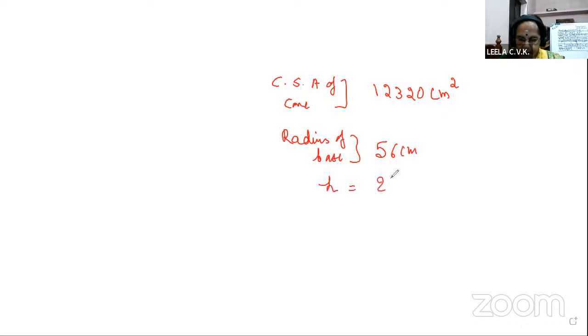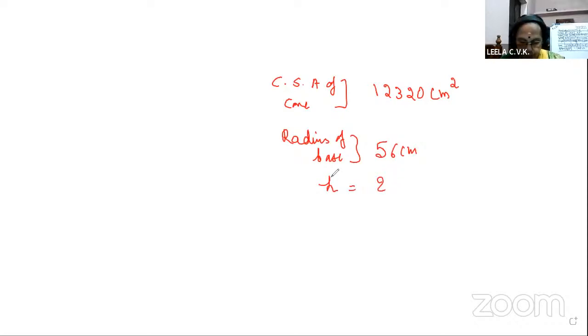In your sample paper, they have published this question. I only want to show you how to do the calculation and the simplification. Only for that I am writing this problem. So the curved surface area of the cone is given, and the radius is given. H is to be found out.